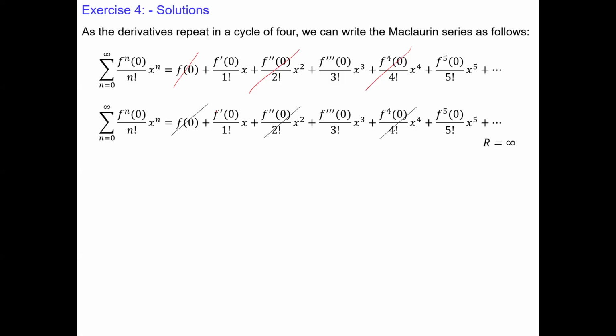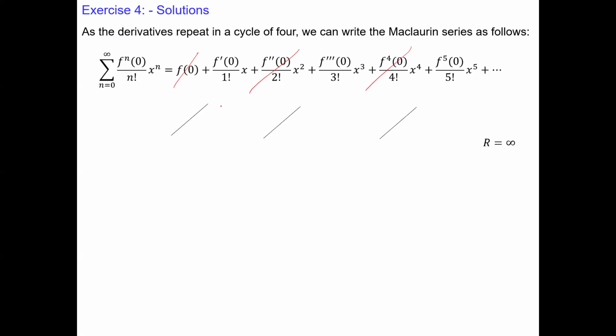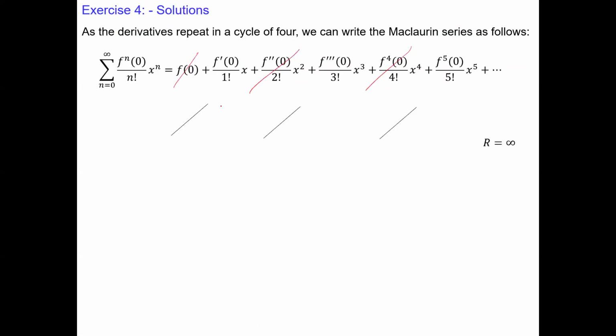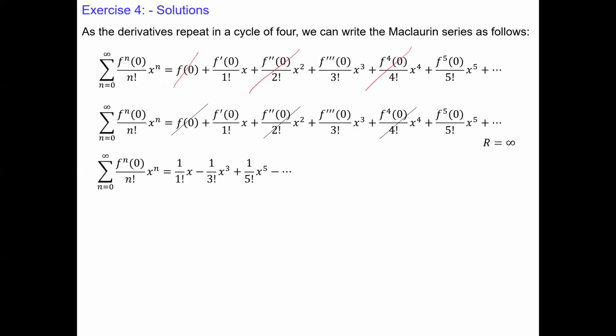Now let's substitute in the first derivative. What was the first derivative? The first derivative at 0 was 1. Okay, that means this is 1. This will be 1. This one will be negative 1. We can see. And then again, alternating sign. 1.